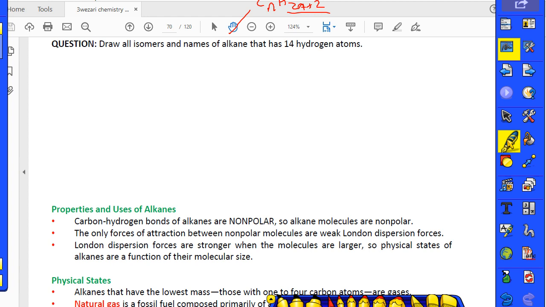So there are 14 hydrogens. It means it must be C6H14 is the compound that contains 14 hydrogens. So you have to draw the isomers of it. Also, if you check the figure that I told you before, this carbon contains how many isomers? 5 isomers. So you have to write the 5 isomers of them by using the same way.